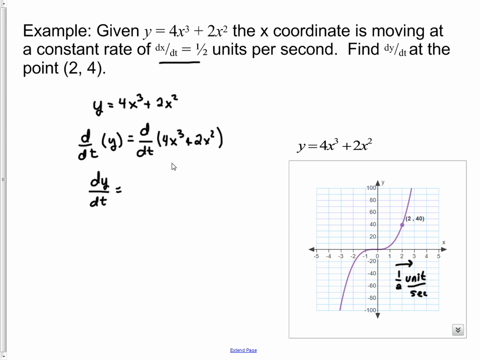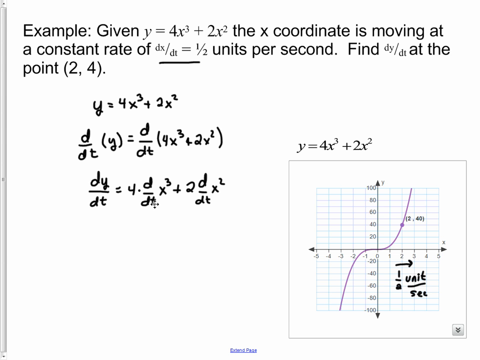On the right, we have to use something like a chain rule, right? We're going to have 4 times the derivative with respect to time of the quantity x cubed, plus 2 times the derivative with respect to time t of the quantity x squared.